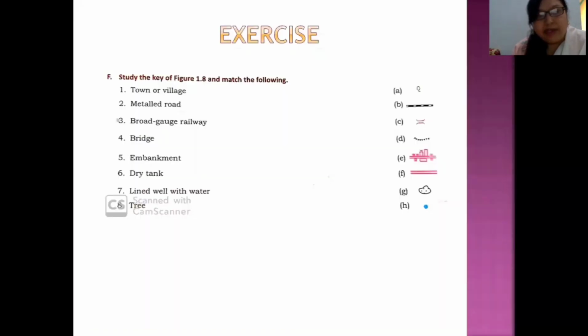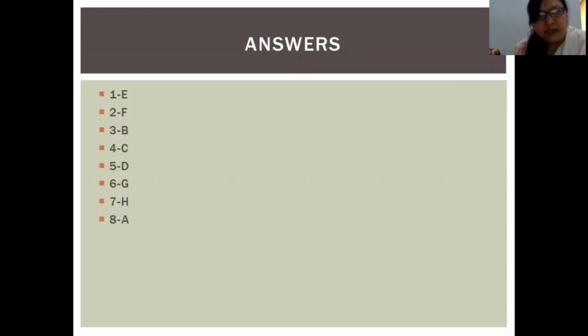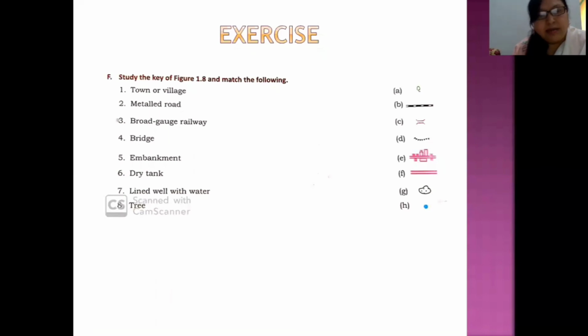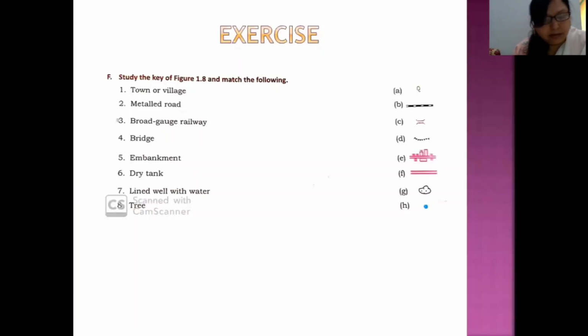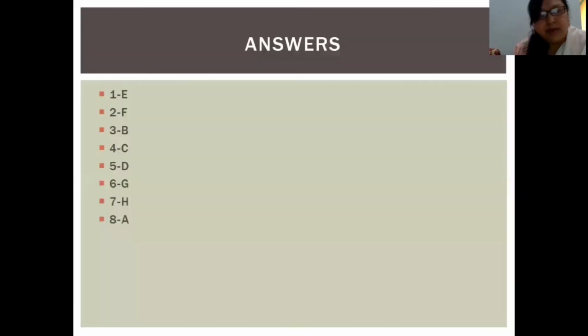So town and villages, E option. Metalled road, F option. Broad gauge railway, B option.